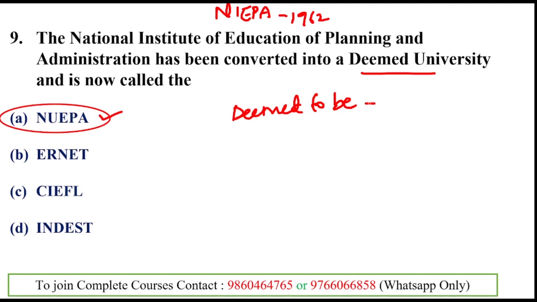It can decide the courses, syllabus, fees, admission process, etc. But it is under the affiliation of UGC. Clear? So deemed to be university and deemed university both are different. Deemed means it's neither private nor government, and deemed to be means it is under the affiliation of UGC but not controlled by the UGC, as it has autonomy. It enjoys the autonomy to decide about its courses, fees and admission process. Clear?